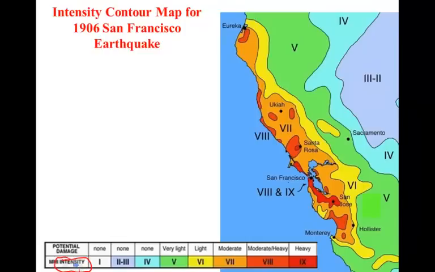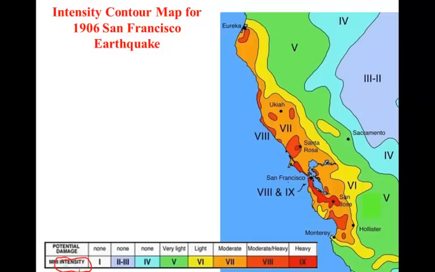So half of the locations have been done for you. You'll need to assign intensities for the other locations. And as long as you're assigning higher values to locations with more damage and lower values to locations with less damage, you'll get the right pattern. You're going to go to the map, plot the intensity value for each location, and contour the data as a way to visualize the spatial pattern of intensity.